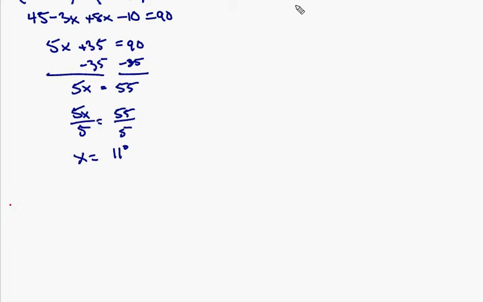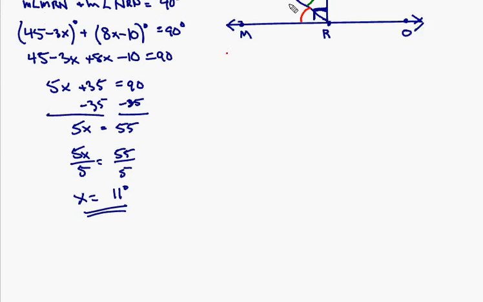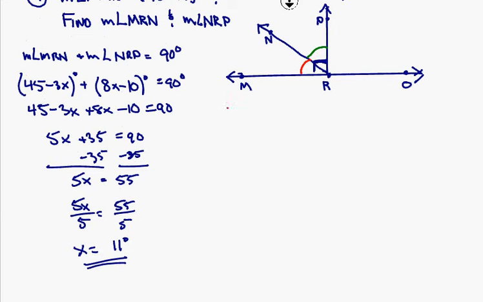Now it's important to understand that this is not the answer. This simply gives us the value of x. Now we have to take that number and replace x in each of the expressions to find out what those angles are. So for instance, 45 minus 3x is the same as 45 minus 3 times 11.